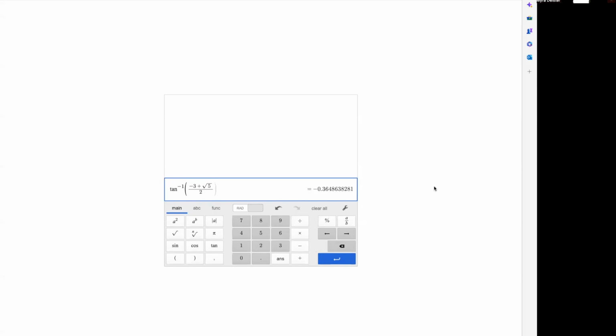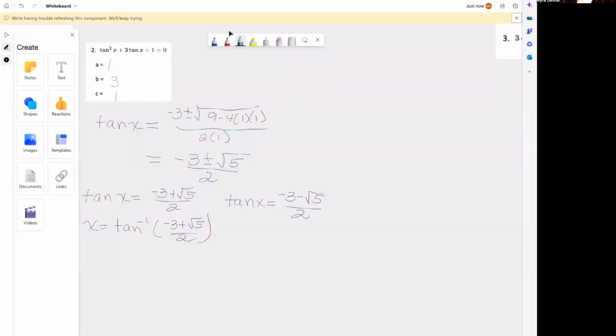Okay, I get negative 0.36. Okay, we ran into the same problem that we did before. So we have to find the coterminal angle.